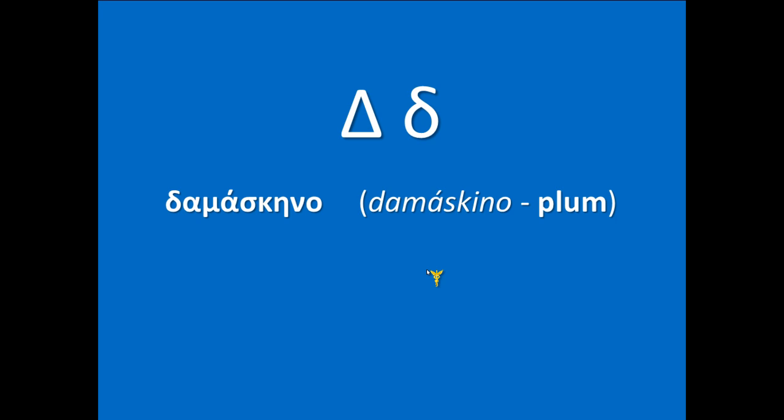The letter delta is pronounced with the teeth, as we say this or that. The capital delta is a triangle.